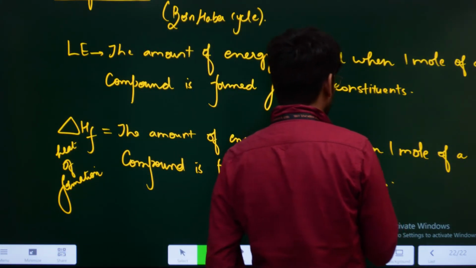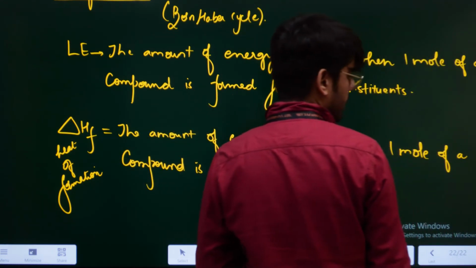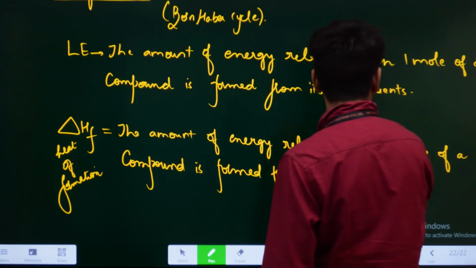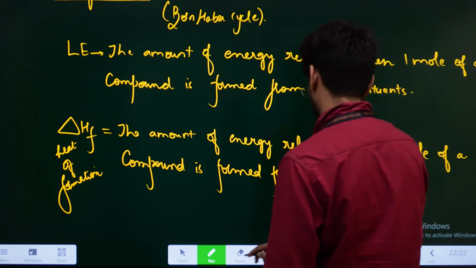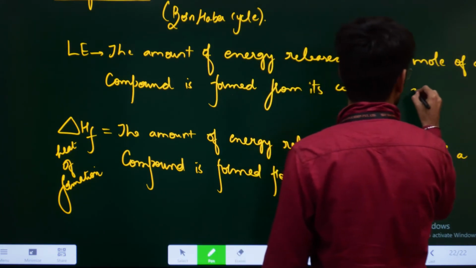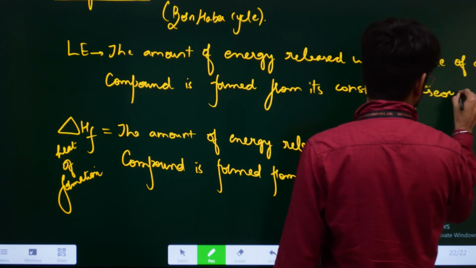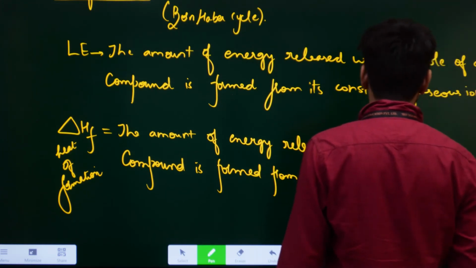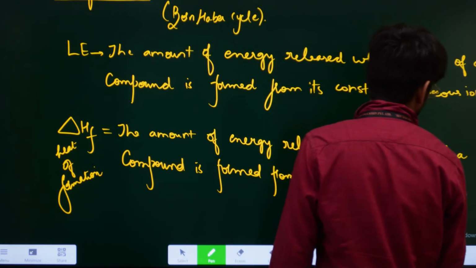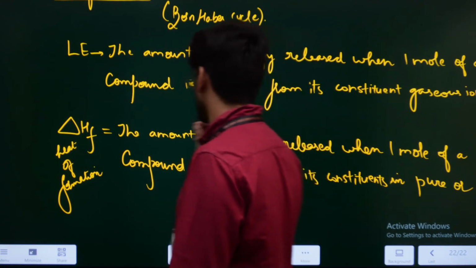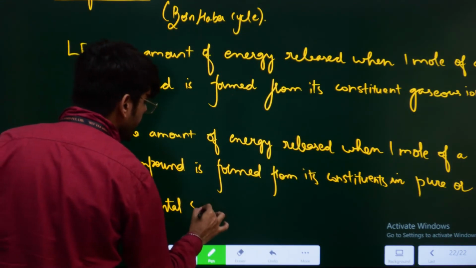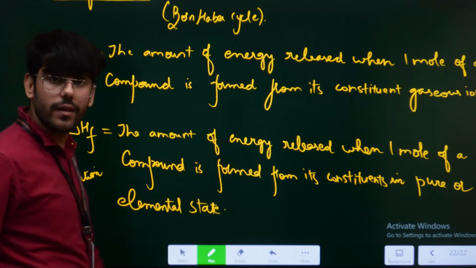The difference is that lattice energy is for formation from its constituent gaseous ions, and heat of formation is for formation from its constituents in the pure or elemental state. Like I said, we will see more of it in the thermodynamics chapter.